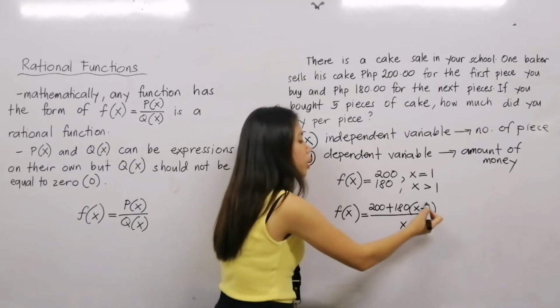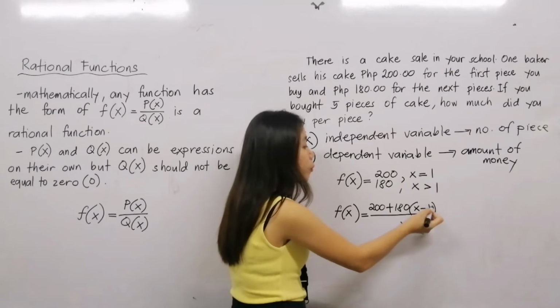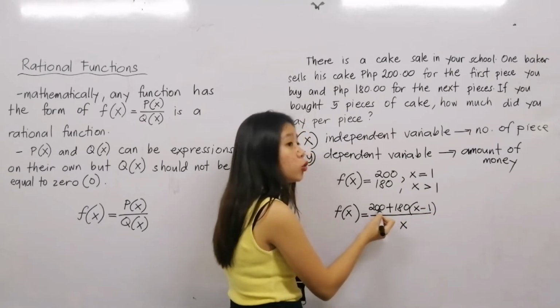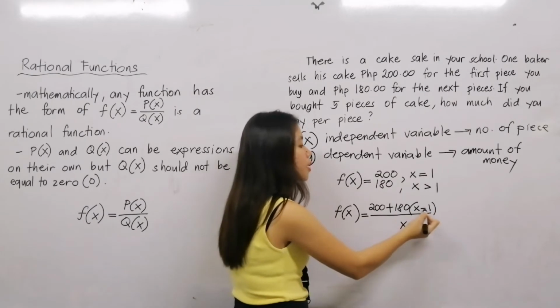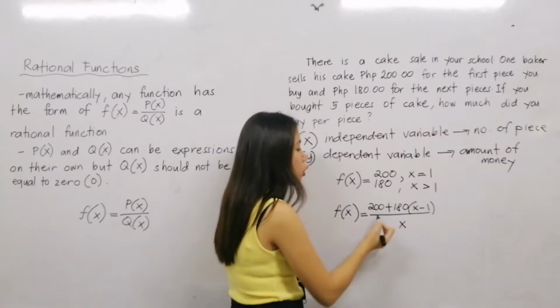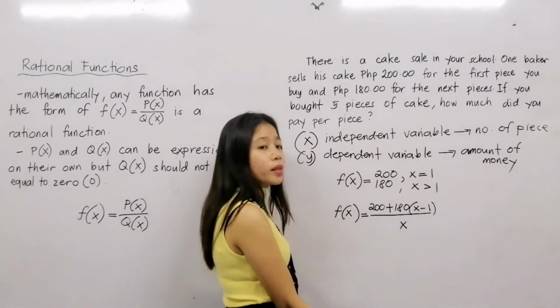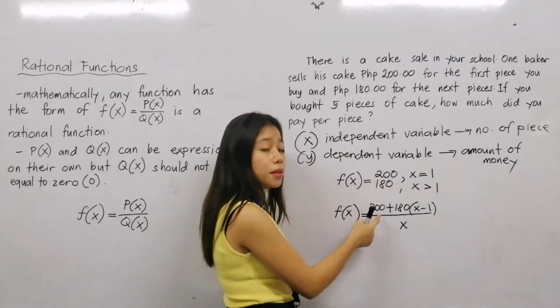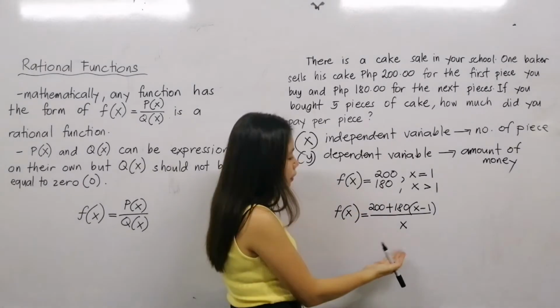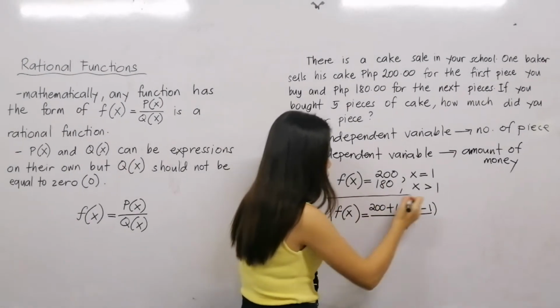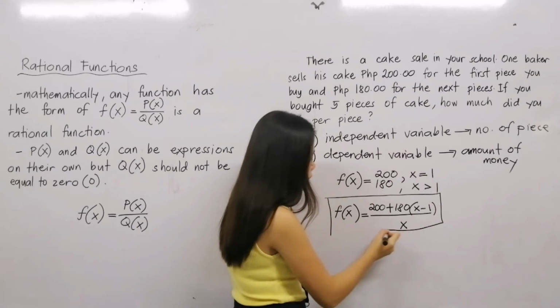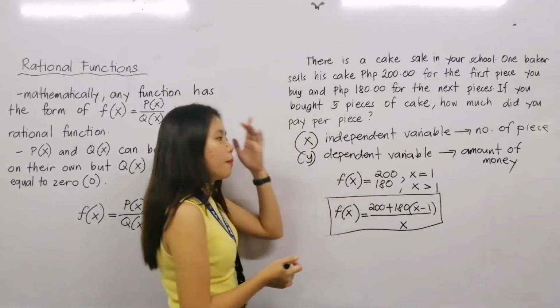Sino ba si 1? Bakit po tayo nag-subtract ng 1? Eh si 1 po, ito na po yung presyo ng unang bili mo ng cake. So we're gonna subtract it dun sa remaining piece na bibilihin po natin, all over kung ilan po lahat ng piece of cake na binili mo, kasali na, of course, yung unang cake. Ngayon, ito po yung rational model or rational function na meron na po tayo along with our problem.